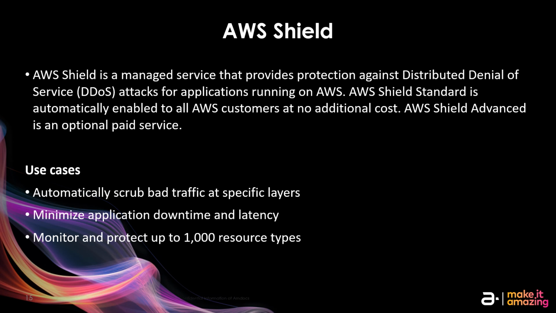If you have AWS Shield active, it can detect DDoS attacks and then prevent them. Lastly, we have monitor and protect up to 1000 resource types. Once activated, AWS Shield automatically detects and applies mitigation or protection for each resource type per AWS account.